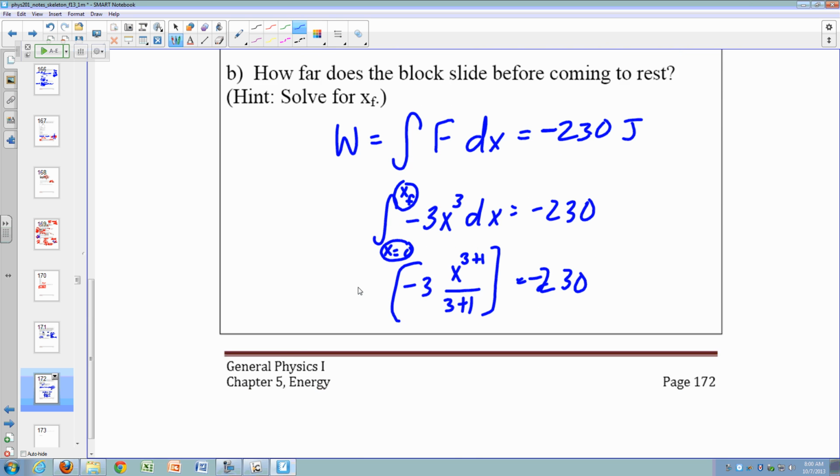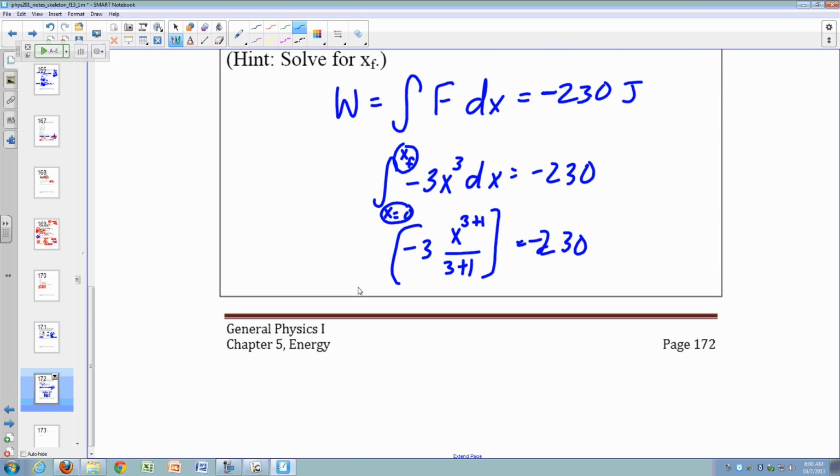Let me rewrite this integral. I'm going to apply those limits from 0 to xf, and it's going to look like this: negative 3 times xf to the 4th over 4 minus negative 3 times 0 to the 4th over 4.